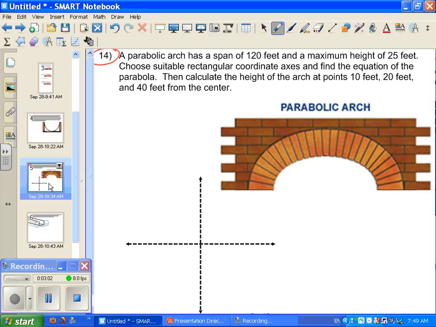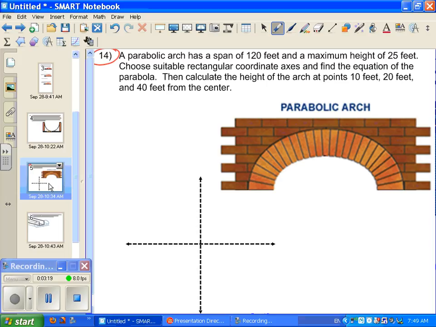Right, a parabolic arch. So you've got two different kinds of bridge problems. You're going to have the suspension bridge problems where the stuff comes down like this and you have your parabola that way. And then you have this kind of bridge where the parabola is underneath the bridge.